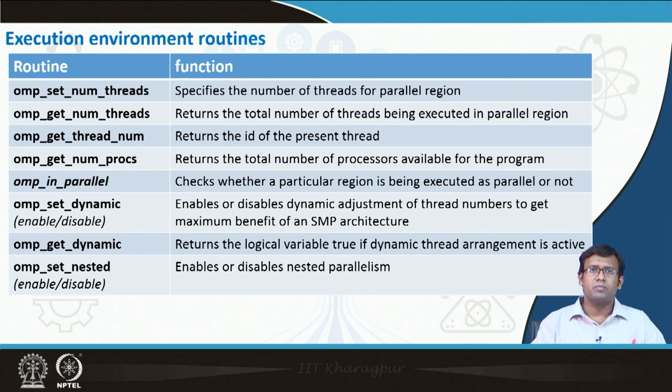You will see some examples, like a few we have seen, the omp_set_num_threads. This is a function. If you call this function, the output will be the number of threads in the parallel regime.